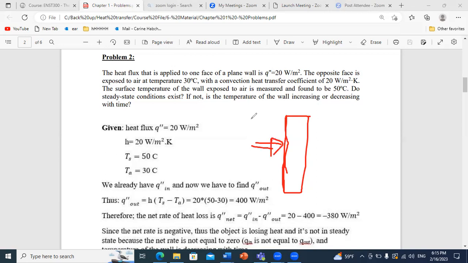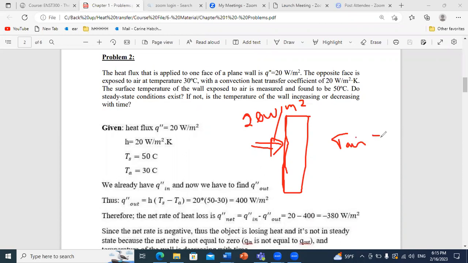So we have energy that is coming in at a rate of 20 watt per meter square, while the opposite face is exposed to air. So here we have a fluid, air. The temperature of air is 30 degrees.